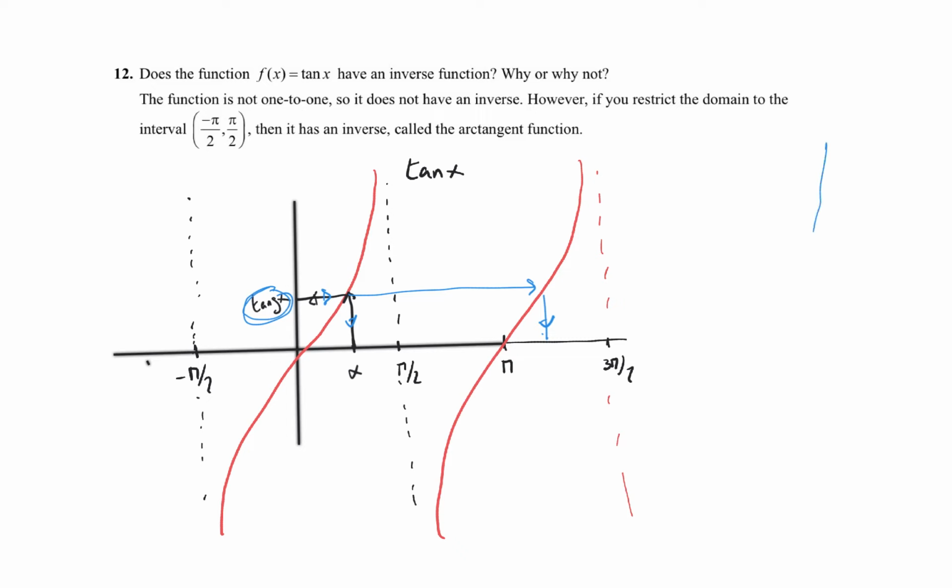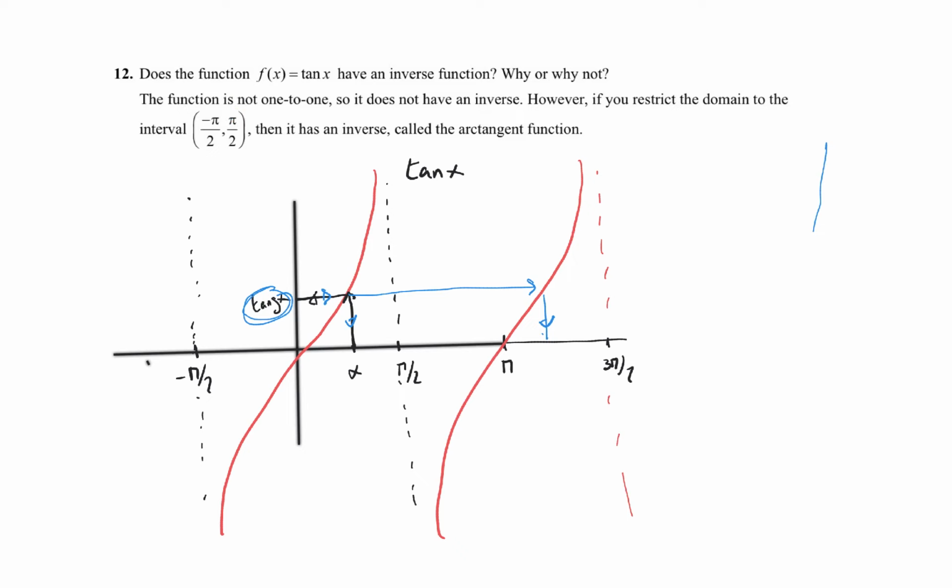So to restrict this, we need a function that is one-to-one. So what we need is that we can restrict the region to be between pi divided by 2 and minus pi divided by 2. So tangent x has an inverse if you restrict the existence of the function between minus pi divided by 2 and pi divided by 2.